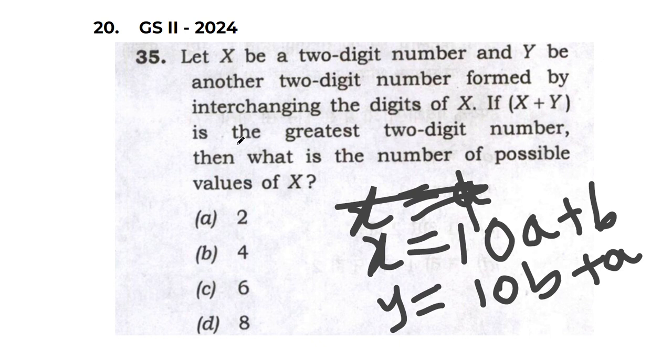And again they are telling the sum x plus y is the greatest 2-digit number. What is the greatest 2-digit number? It is 99, right? Because if we go to the next number 100, it becomes 3 digits. So x plus y is 99.